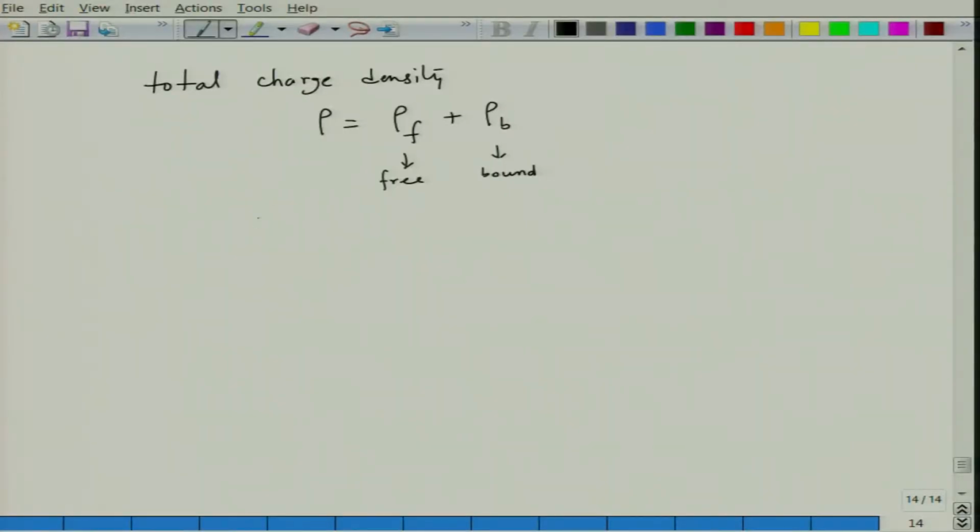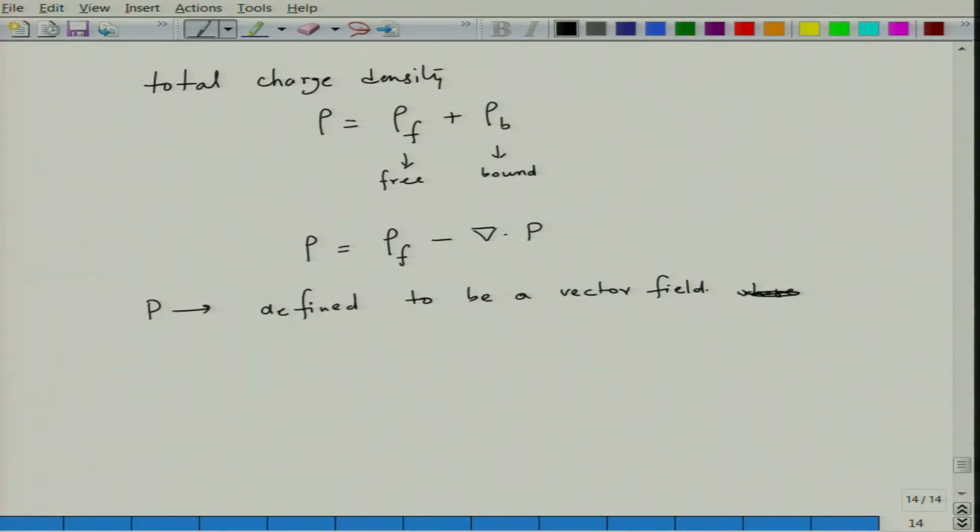Now if we write this as a function of polarization, rho can also be written as rho_F plus rho_B, and this rho_B is nothing but del dot P. So, P is basically defined to be a vector field whose divergence gives you the density of bound charges.